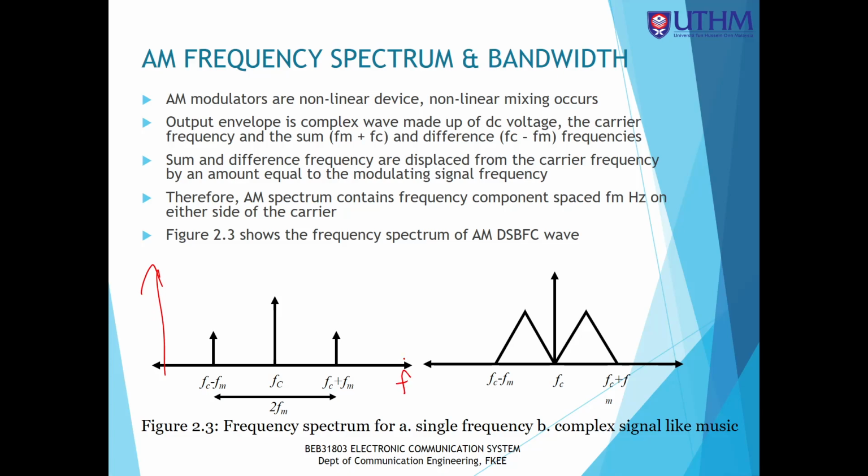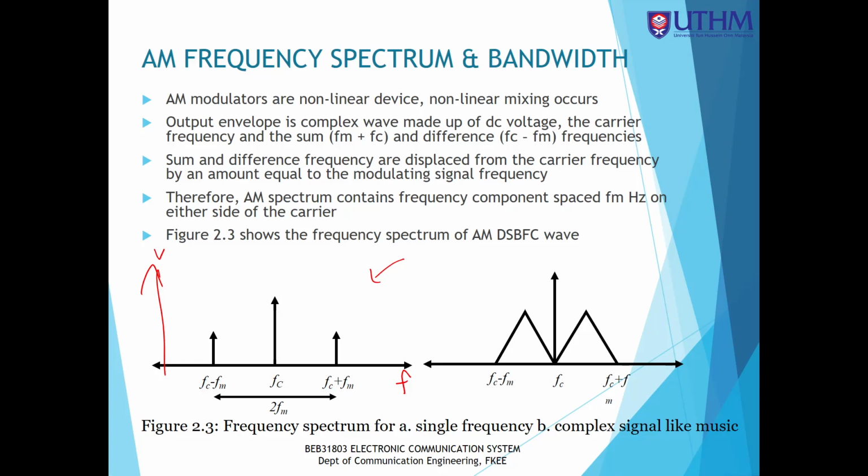So when you are asked to draw the AM spectrum, you need to draw this. You have the lower sideband, carrier component, and upper sideband. So this is voltage versus frequency or power versus frequency.